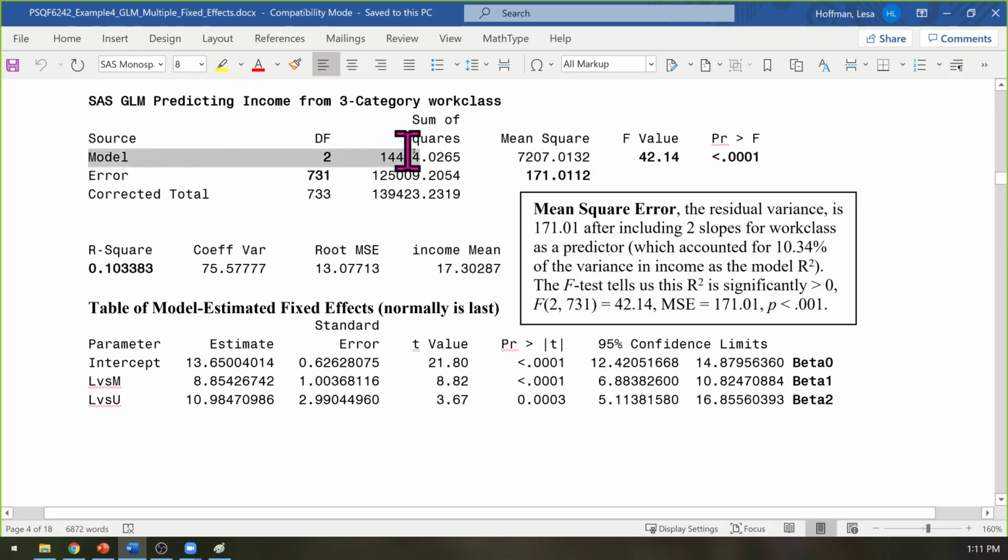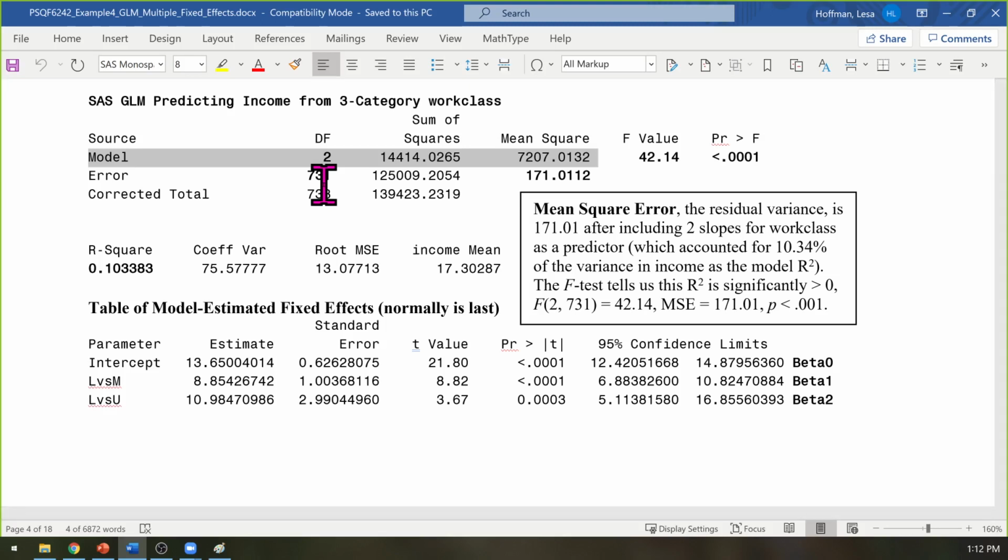So this is a summary of what you know, the model. So how much information was captured by your model and how many slopes did it take to get there? Sums of squares model is information captured. Number of slopes it took to get there. The 2 is right here. 2 is otherwise known as what?